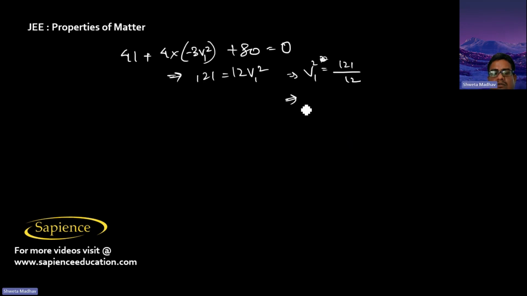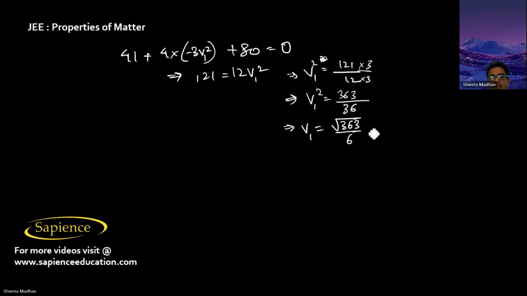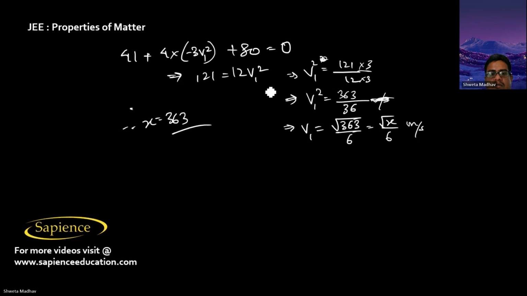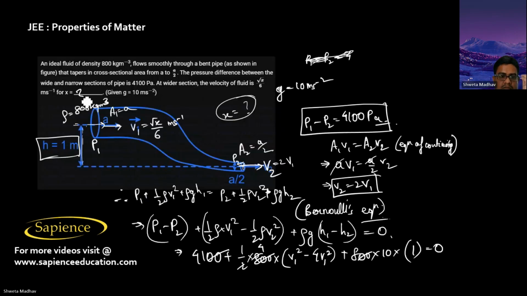So we need 6 here, so we can multiply with 3 on both sides. Then V1 square I will get 363 by 36. So V1 will be root over 363 by 6, which is given as root x by 6. So therefore the value of x will be 363, so this much meter per second. Therefore, the velocity of the fluid is root x by 6, so x will be 363.